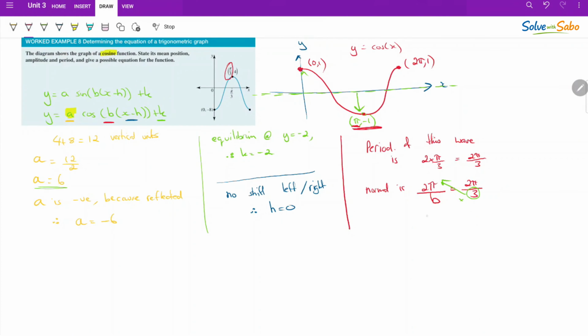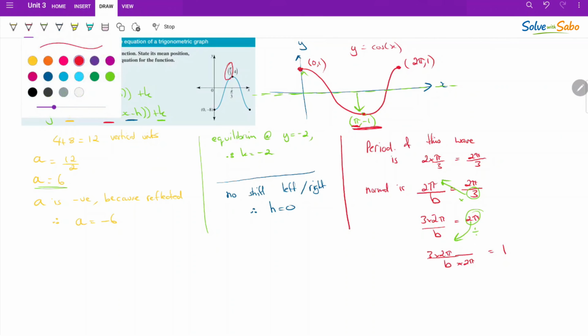So what I'm going to get is 3 times 2 pi over B equals 2 pi. Then I'm going to bring this 2 pi underneath and divide it: 3 times 2 pi over B, brought that 2 pi underneath, equals 1.